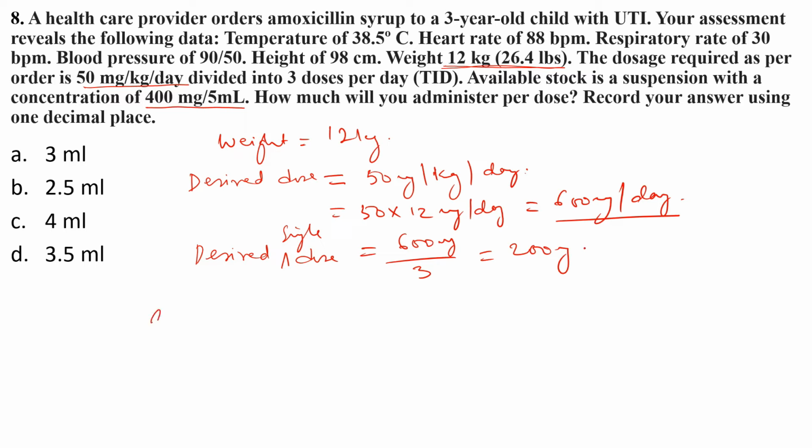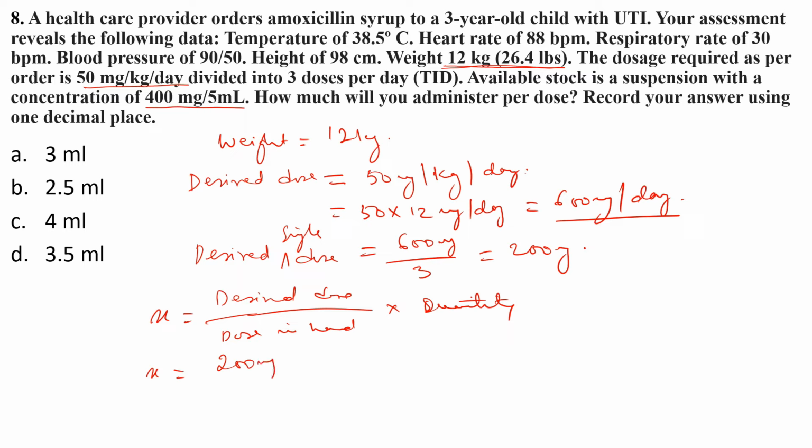So now the formula is X equal to desired dose over dose in hand multiplied by quantity. Here the desired dose will be 200, since at one time we can give 200 mg. Desired dose 200 mg, dose in hand is 400 mg, and quantity here is 5 ml.